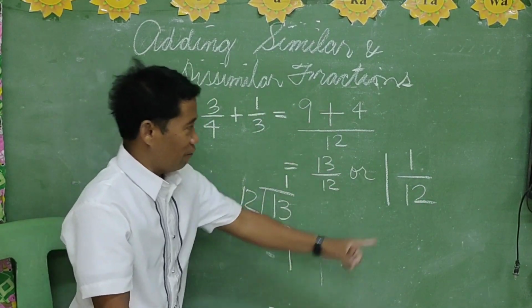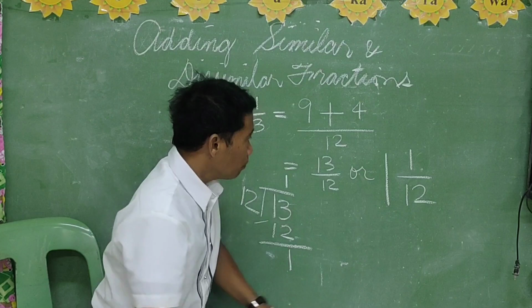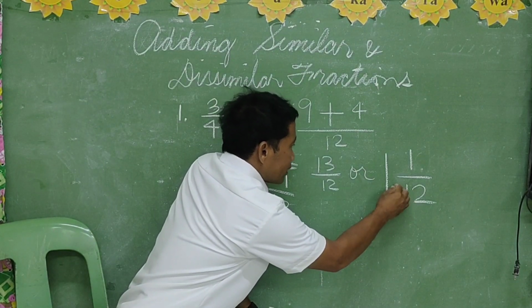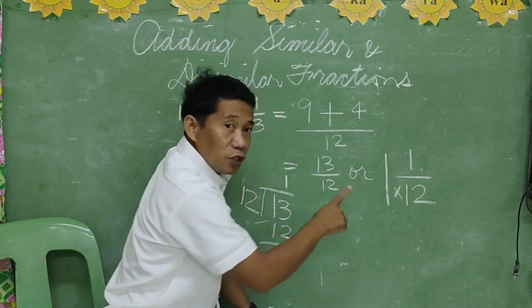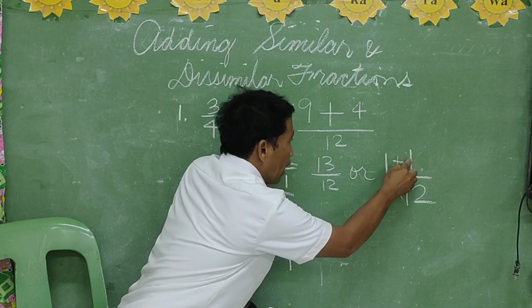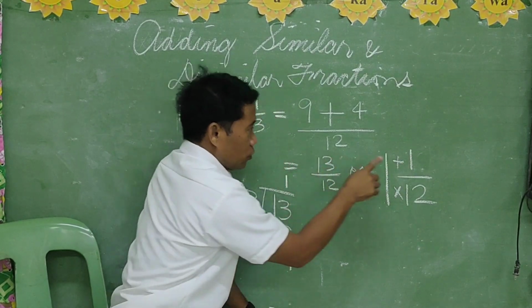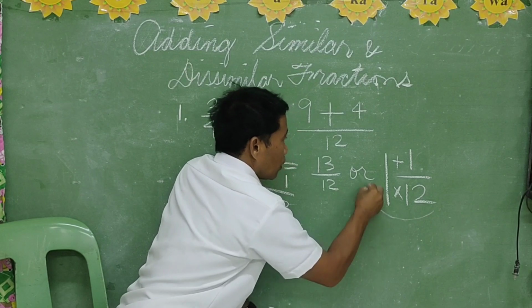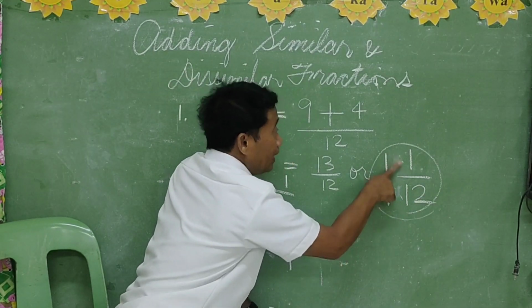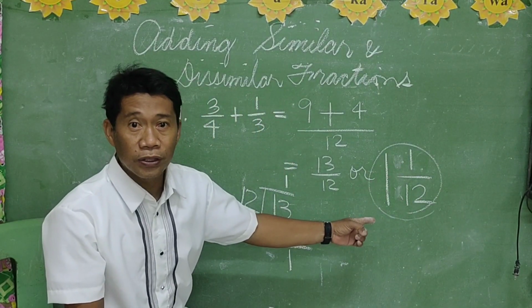To check if this answer is correct, multiply 12 times 1. The answer is 12 plus 1 is equals to 13. So this one is correct. And it is in lowest terms.